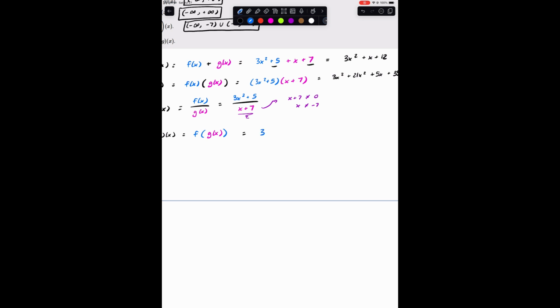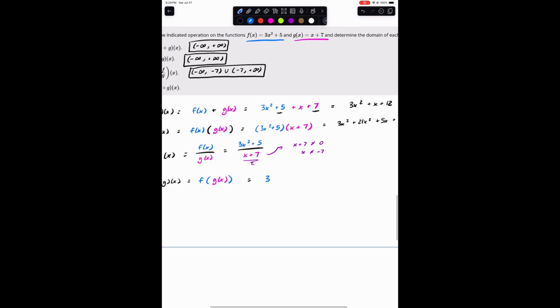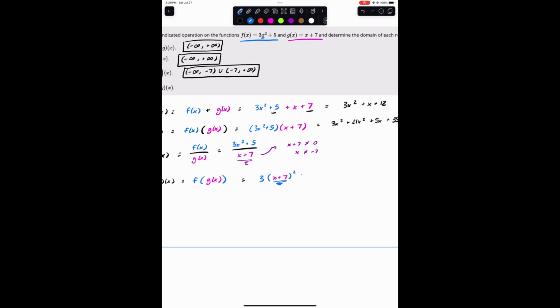And every time I see x, I'm going to put in the formula for g of x. So that's an x, right? The x squared. So parentheses, g of x is x plus 7, right? And in blue, squared. You see how this x gets replaced with g of x? And then, oh, that's it, and plus 5.